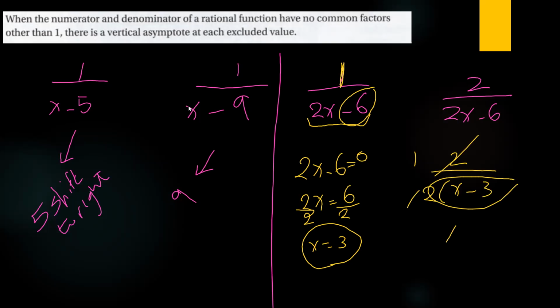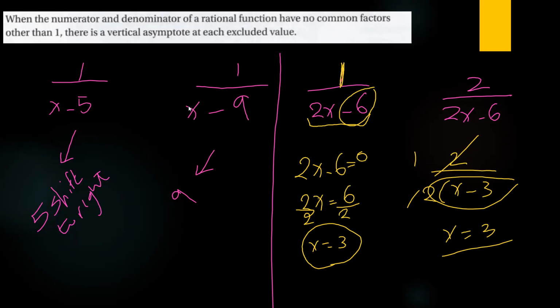So at x equals 3, you have the asymptote. So when the numerator and the denominator have no common factors, there is a vertical asymptote at each excluded value, as we see here. So you have to check if we have a common factor in the denominator or the numerator.